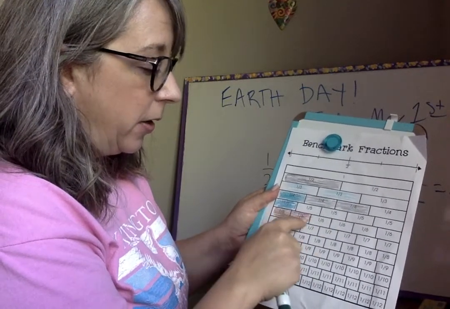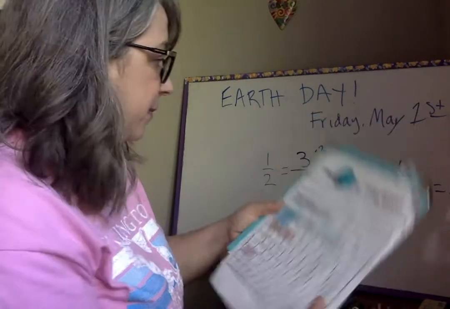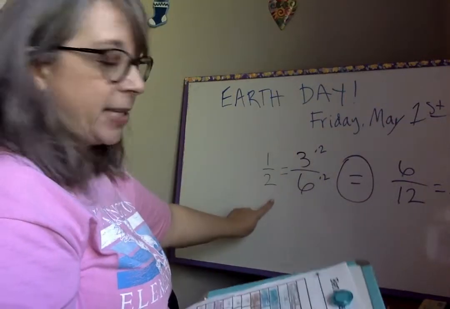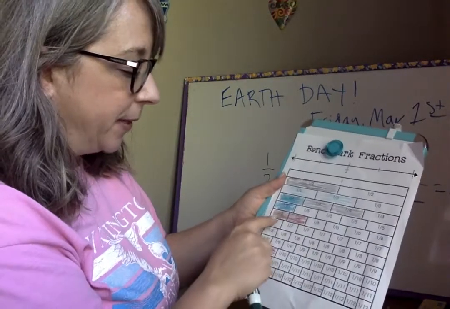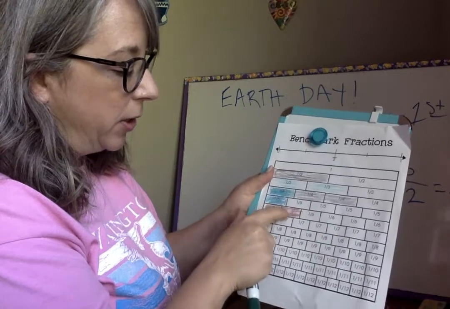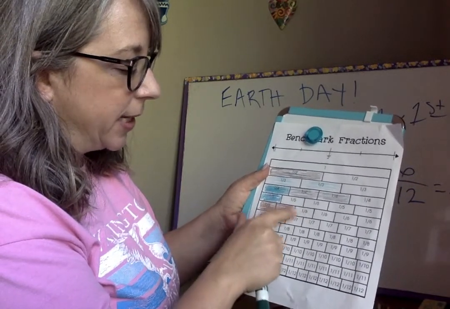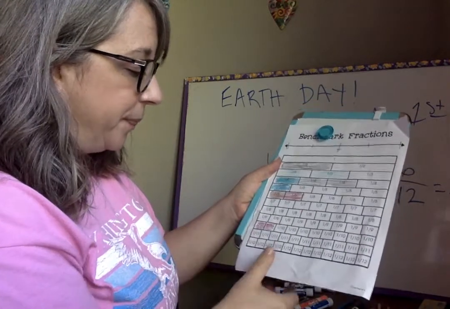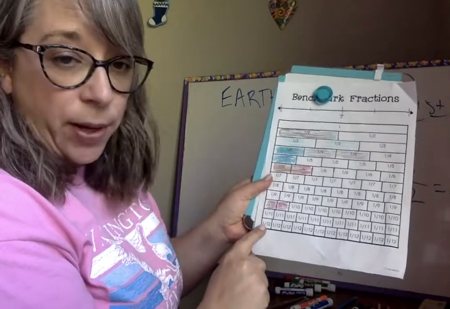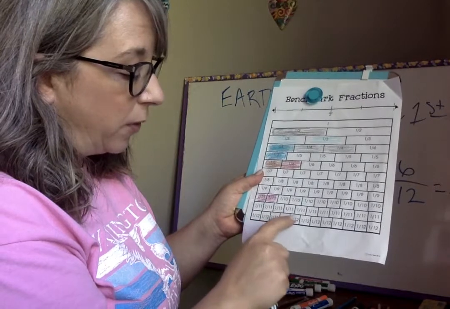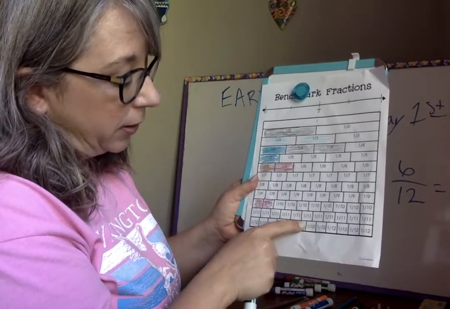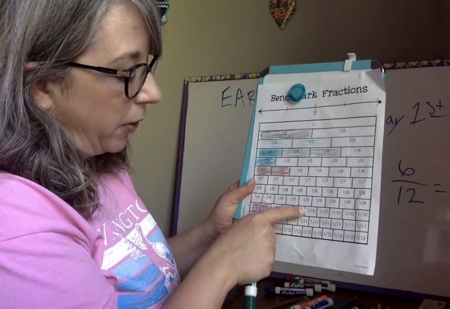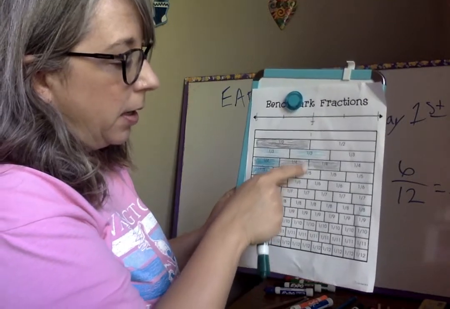And then 3/6 is equivalent to a half, because here's our 3. 1, 2, 3, or 3 parts out of 6. That is equivalent to a half. Okay? It even goes all the way down to the 12ths. 1, 2, 3, 4, 5, 6. Here's our little dividing line. If we were to go all the way up, there we go to half.